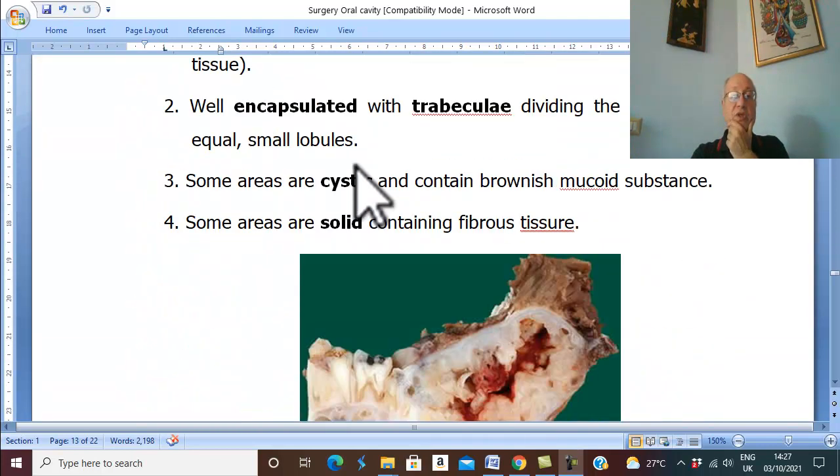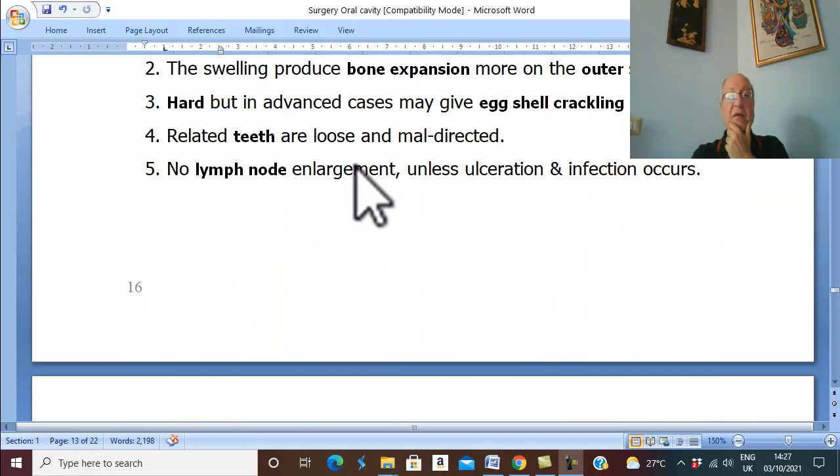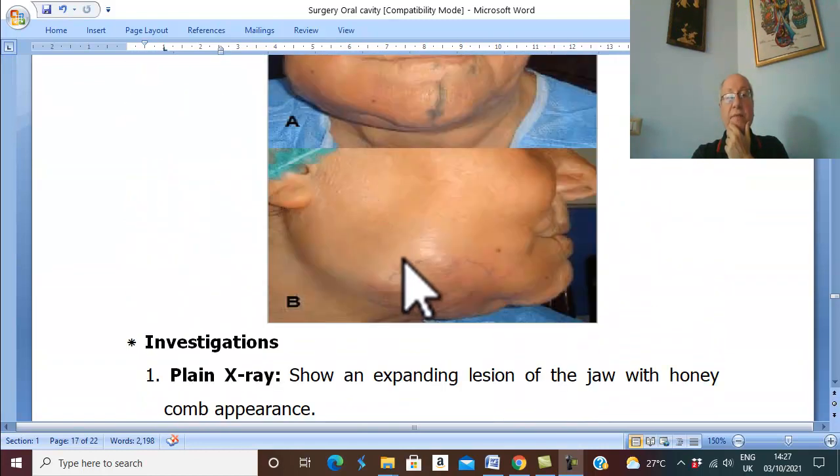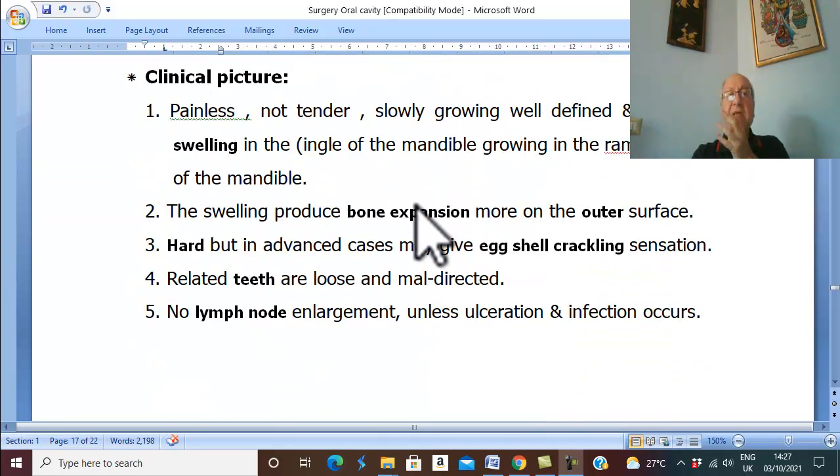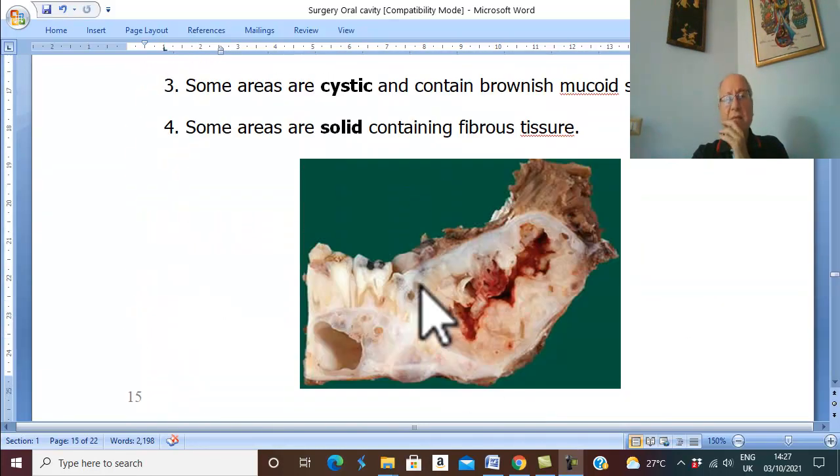Ameloblastoma or adamantenoma usually starts in the angle of the mandible and spreads in the body of the mandible and in the ramus of the mandible. The cut section of this tumor is either white like this or pinkish, according to the amount of fibrous tissue.